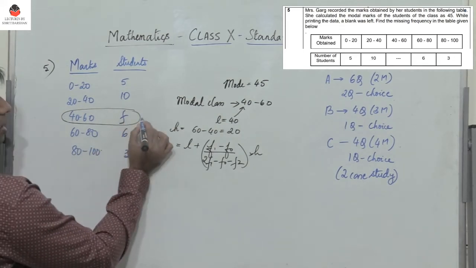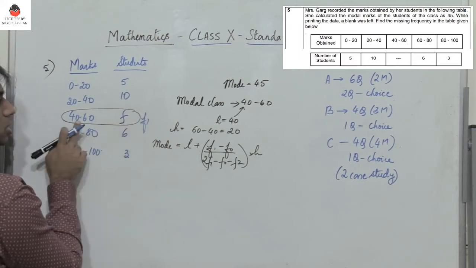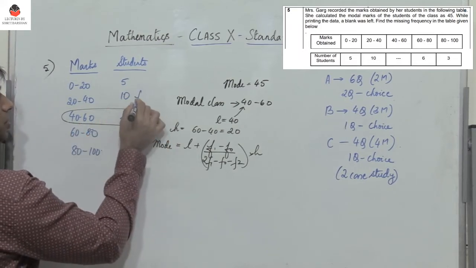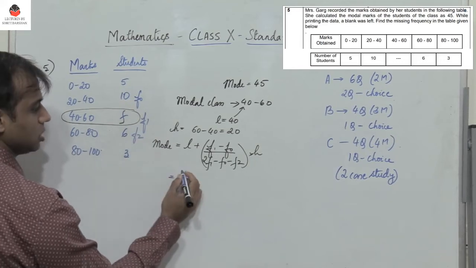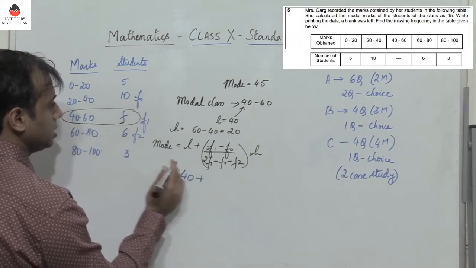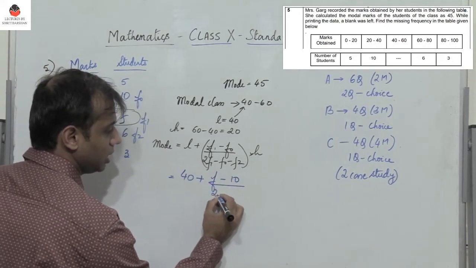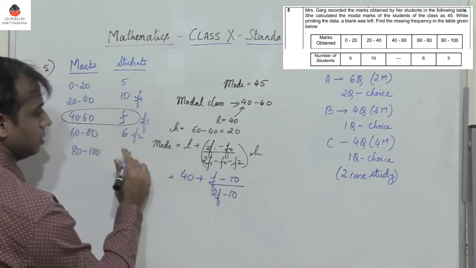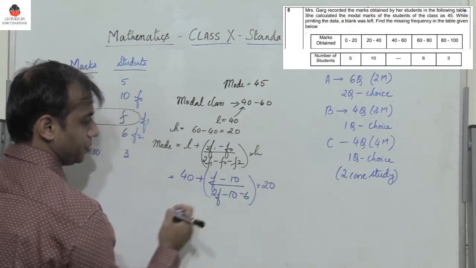So this becomes f1, that is the frequency of the modal class. The previous one is f0, the next one is f2. So I have L, which is 40, plus f1 is f minus 10 divided by 2f minus 10 minus 6 into 20.